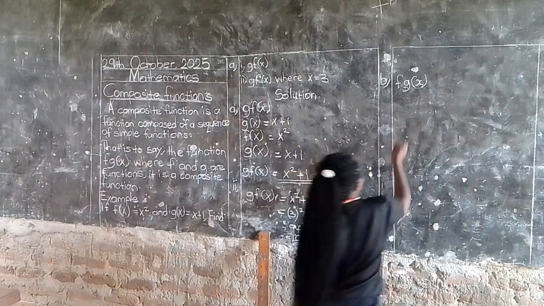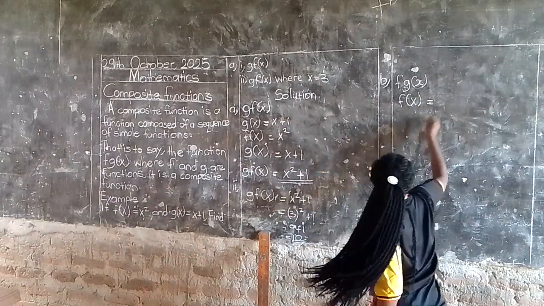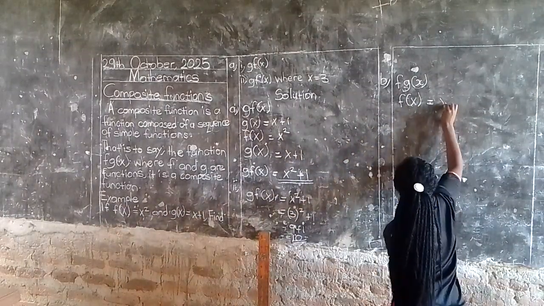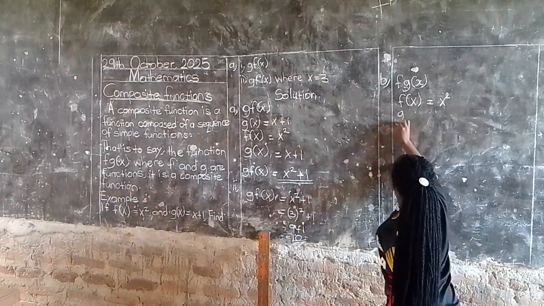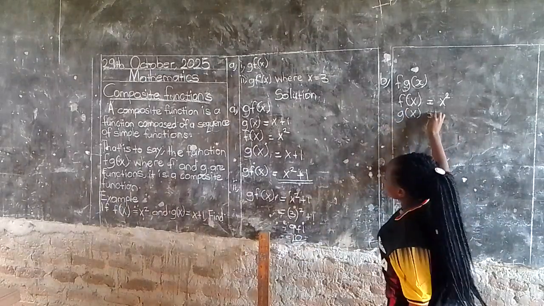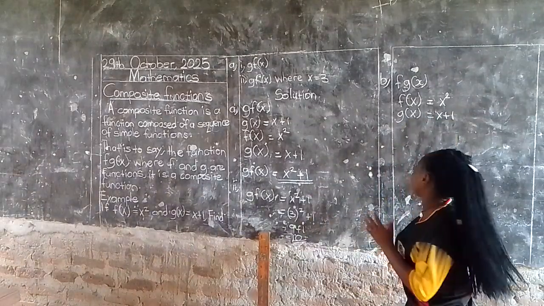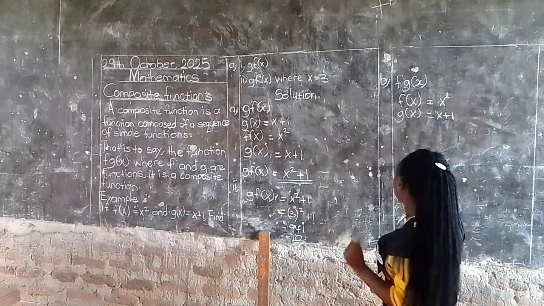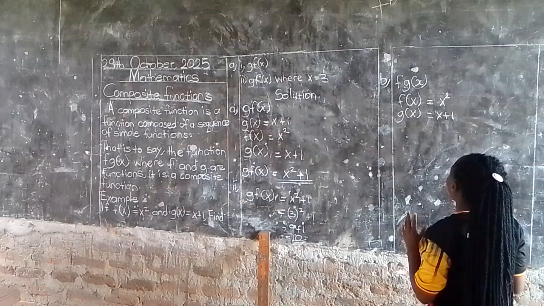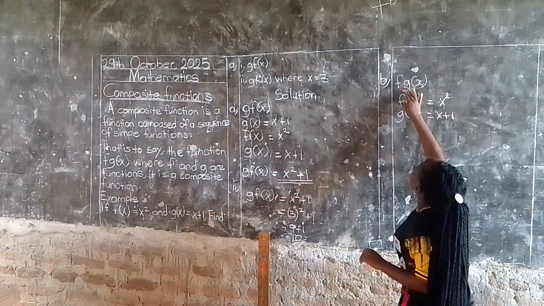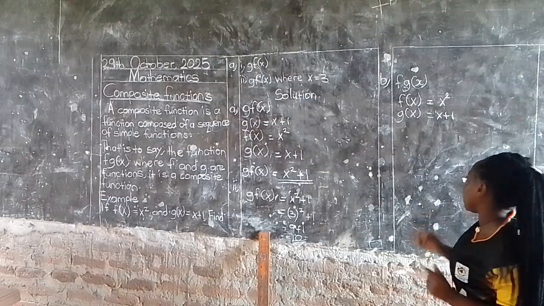Remember they told us that f of x is equal to x squared, and g of x is equal to x plus 1. Now they are telling us to find f of g of x. How do we start? We are going to do the way we did in part A Roman 1. We are going to get this g of x and substitute it in f of x.